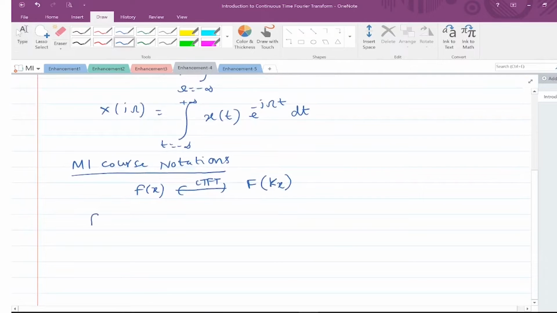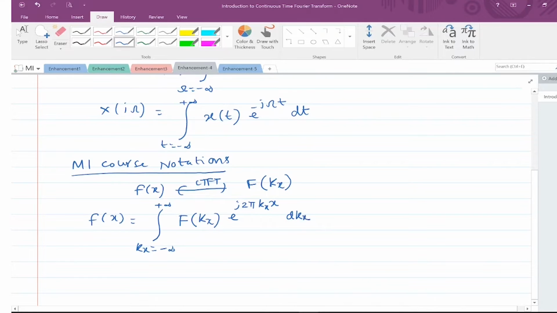So how could we write that now? Your f of x would be equal to, now instead of omega, you are calling it as kx, varying from minus infinity to plus infinity, F of kx multiplied by exponential of j times 2 pi k subscript x into x, dkx.